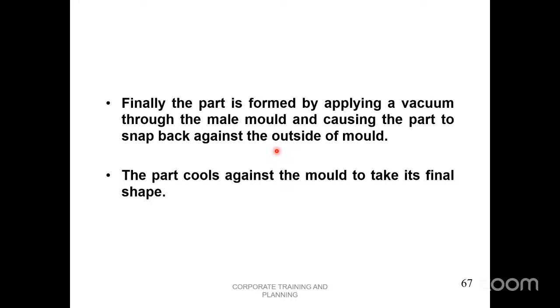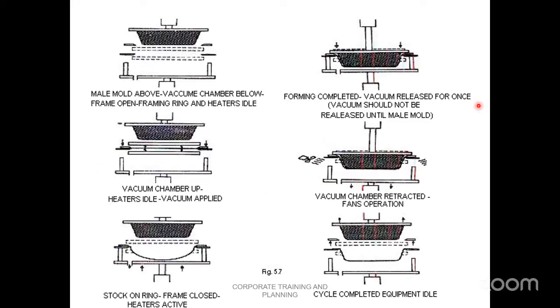This is the same method here, friend. We are using here a male mold, right? And snapback means what? The article is going towards the male mold, not the female mold. The part cools against the mold to take its final shape. Now see here, the sheet is heated, male mold. Here the cavity is there, to apply the vacuum, friend.